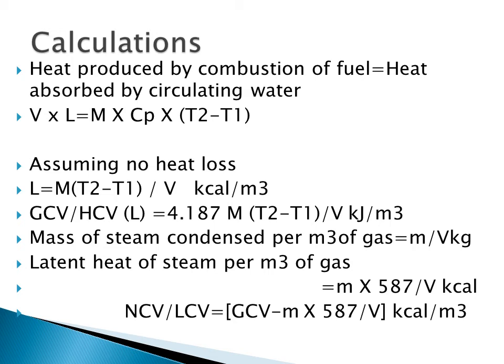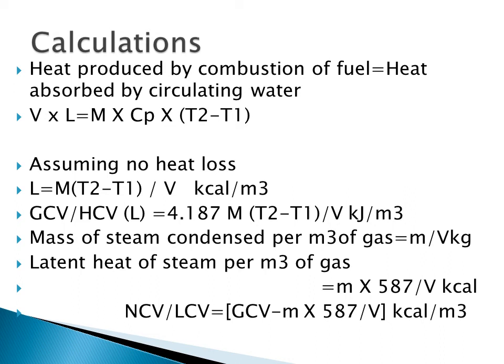If we want to convert it to kilojoule per meter cube, we multiply by 4.187. So the formula for GCV or HCV, that is L, is equal to 4.187 into M into (T2 minus T1) upon V, in kilojoule per meter cube.